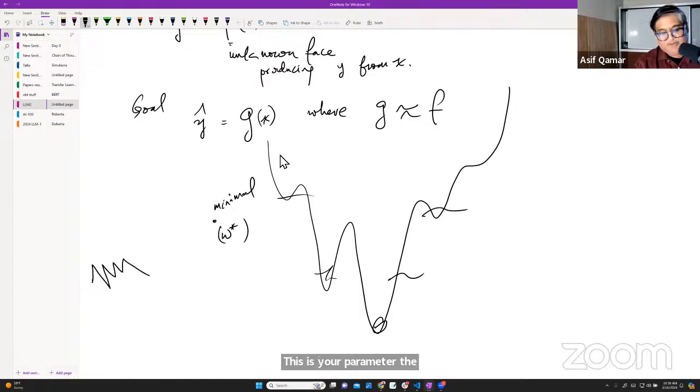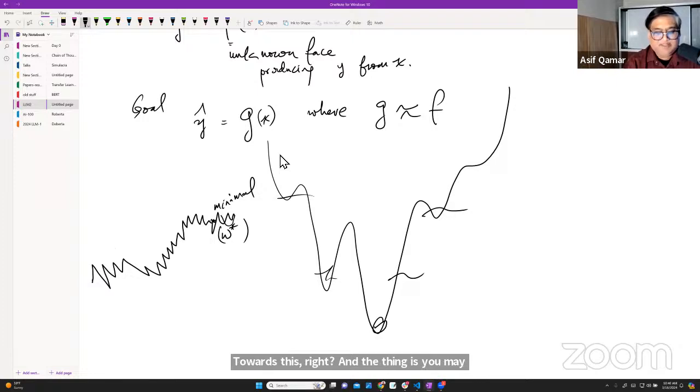You are zigzagging your way towards it, and you may keep zigzagging around it in standard gradient descent, mini batch gradient descent.